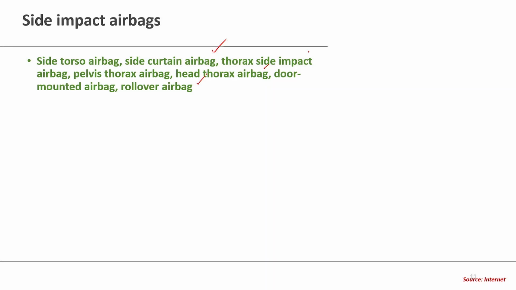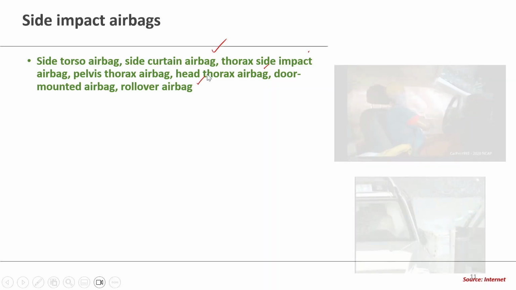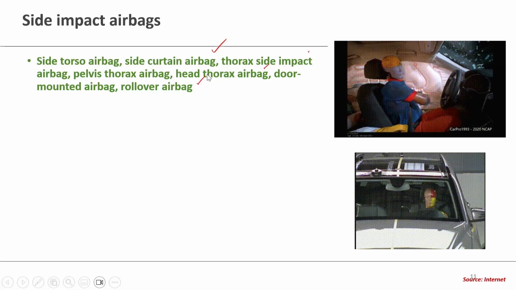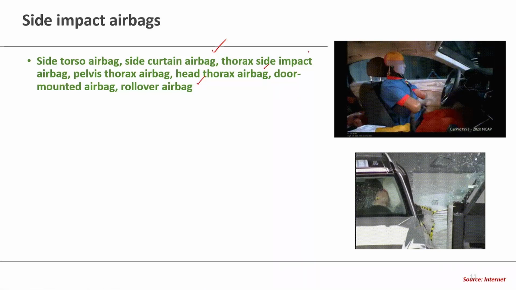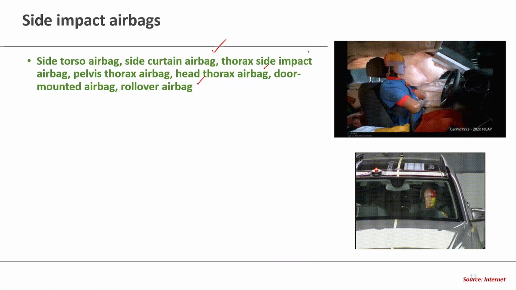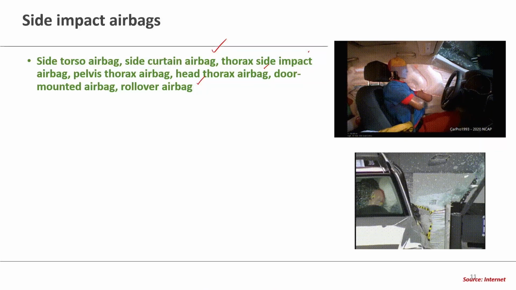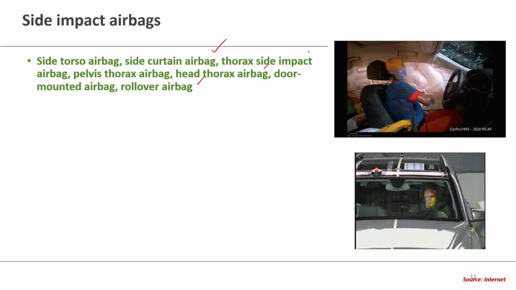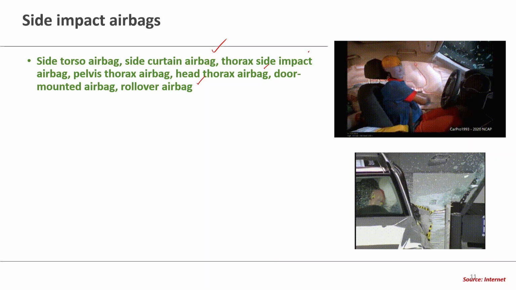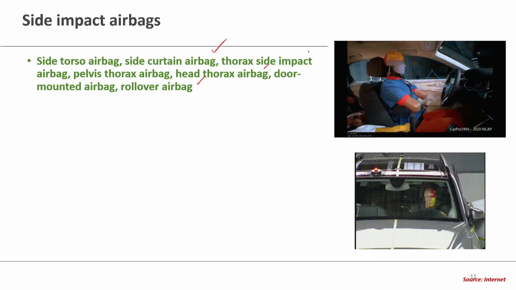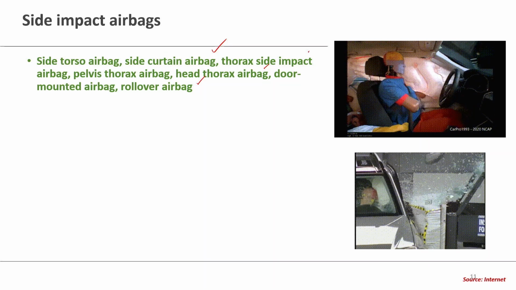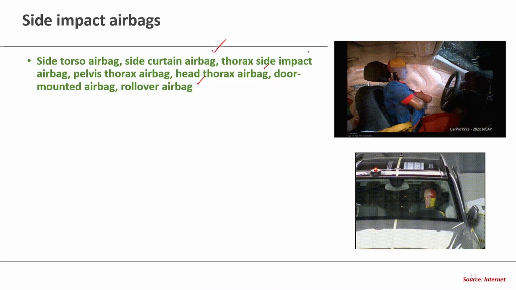These are all side impact airbags. We can see from this, in case of any impact from the side, this airbag should get activated. So, that will prevent any sorts of side impact injury.